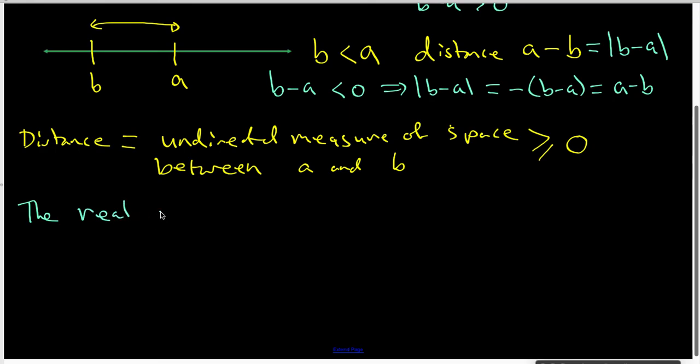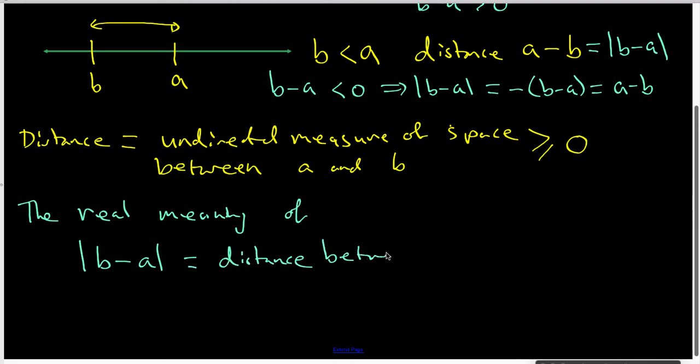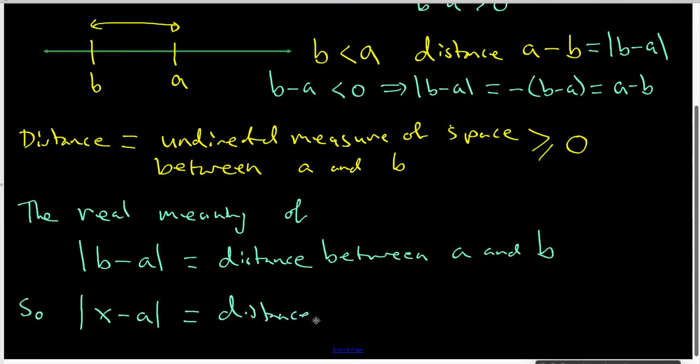The real meaning of an expression like the absolute value of B minus A is that this gives us the distance between A and B. So if I'm looking at something like the absolute value of x minus A, that's going to be the distance between x and A. In the next video, we're going to look at some basic properties of absolute value.